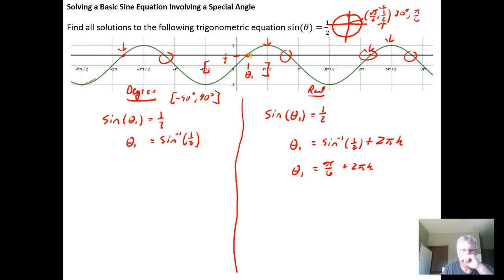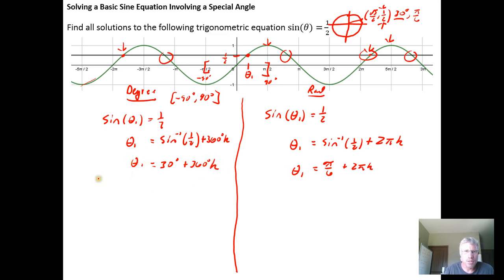It would be right here between negative 90 to 90 for the tick marks. And then to get all the coterminal angles, I would go plus 360 degrees times k. The sine inverse of 1/2 on the interval from negative 90 to 90 is going to be 30 degrees. So I replace that with 30 degrees, and I go plus 360 degrees times k.